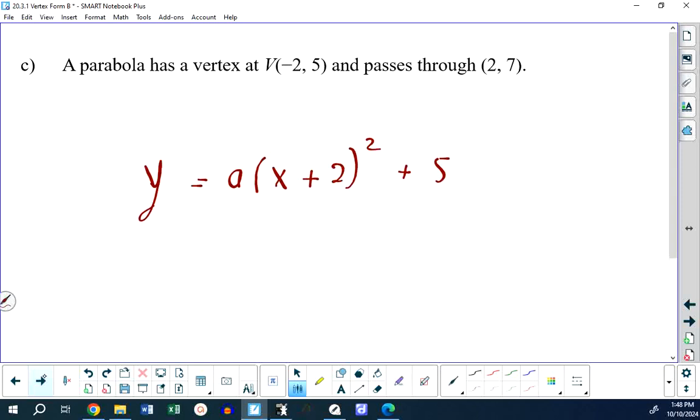How are we going to find a? Well, the fact that I'm doing the same question 3 times in a row tells you that it's a pretty important thing moving forward. You're going to see this a lot in the next course, and more in this course as well.